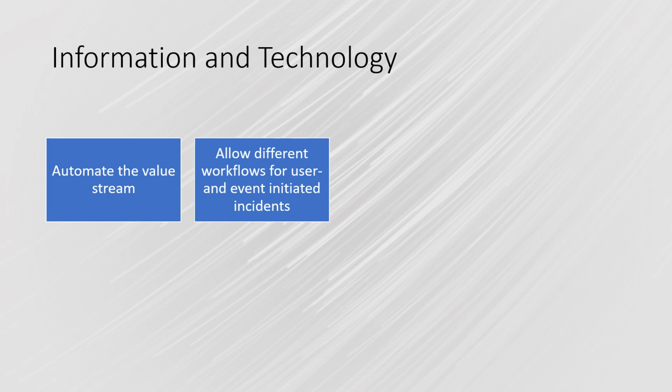Detection, classification, communication, and conditions for closing a record are all handled differently for user-initiated and event-initiated incidents, even if the event-initiated incidents are handled manually. Attempts to fit both types of incidents in one workflow with the same forms and business logic are unlikely to be successful. The handling of event-generated incidents can and should be automated if possible.